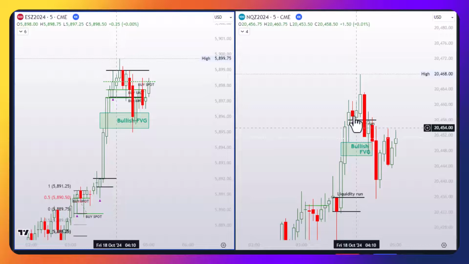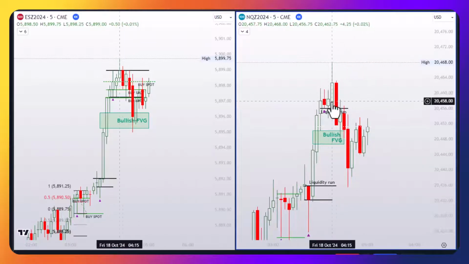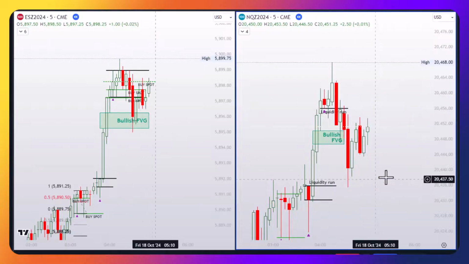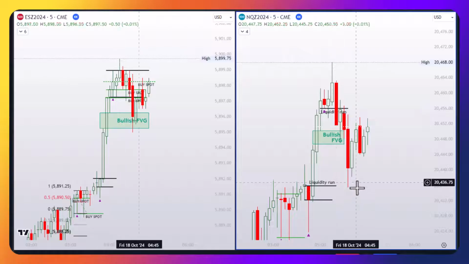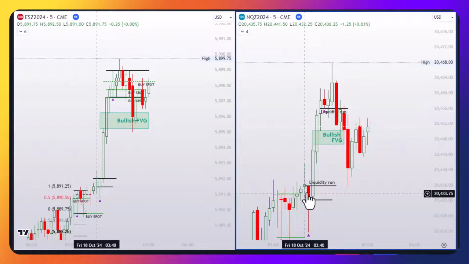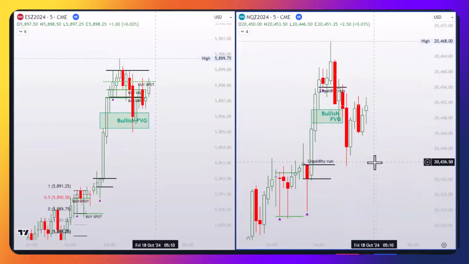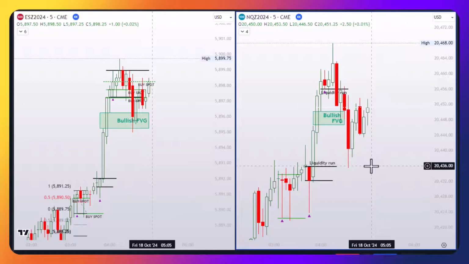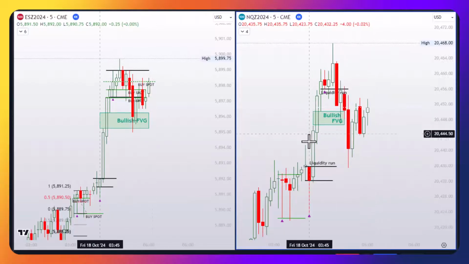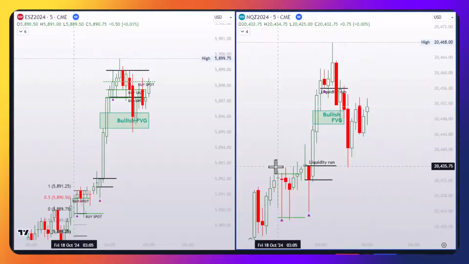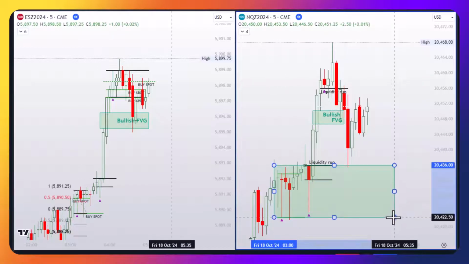NQ is the weaker one. As you can see, the thing with the red candle is a slight indication that it's the weaker asset at that time, and it had much more of a pullback. It even came back and tested this precision swing point. So if you're really heavily into buying at that date, you can pay attention to the pullbacks where you would like to buy, which might be in this area.